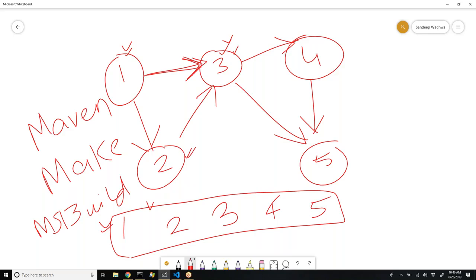So can we say files have dependencies on each other? You can compile file 3 only when 1 and 2 are compiled. So all these build systems come up with an order in which files should be compiled so that your output comes properly. These build systems use topological sort.